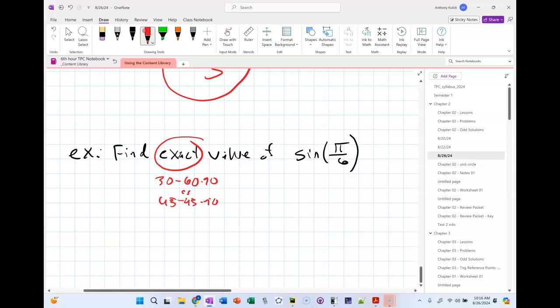Okay. It's pi over 6. What do I do with that? Just convert it to degrees, man. Right? That's a radian measure for an angle. That's fine. I know how to convert that to degrees.